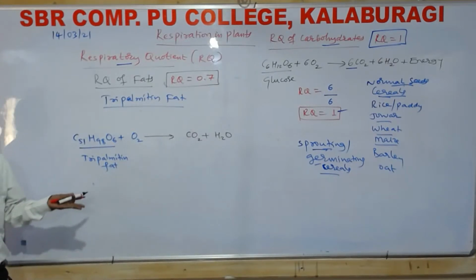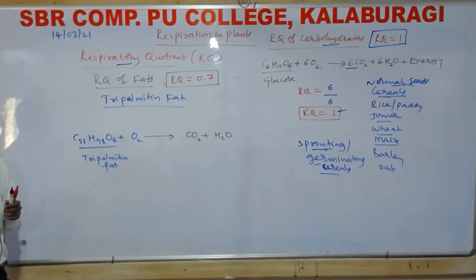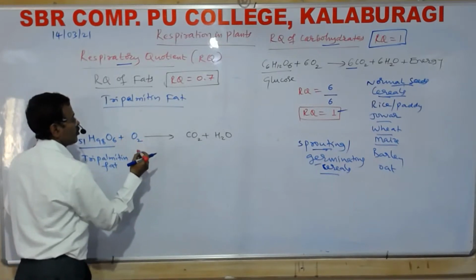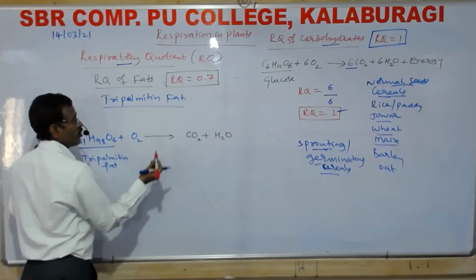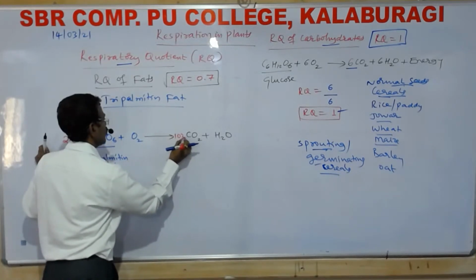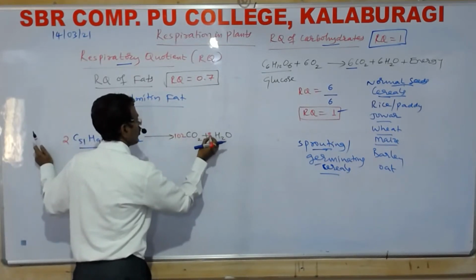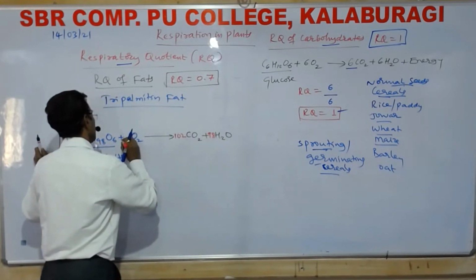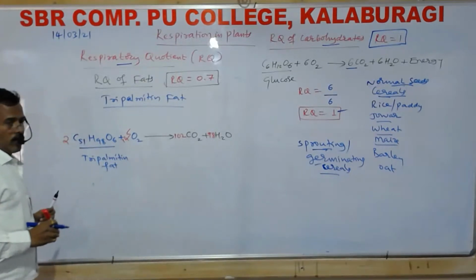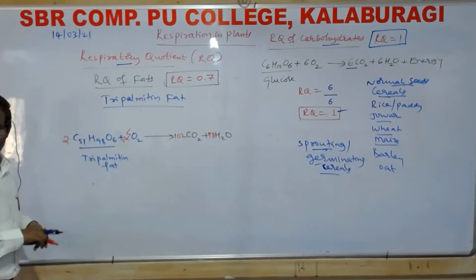Plant sources have this tripalmitin fat. So we have used a big number to calculate this. So this is how we can balance.